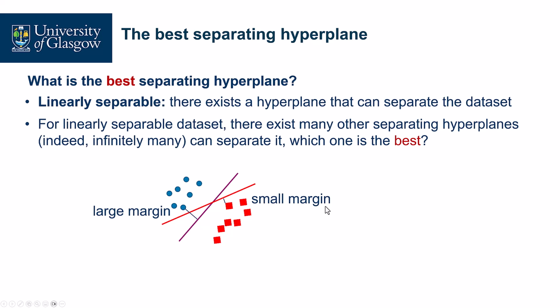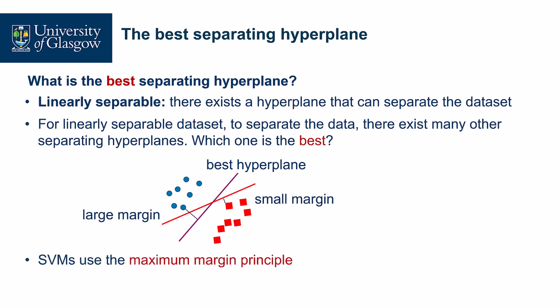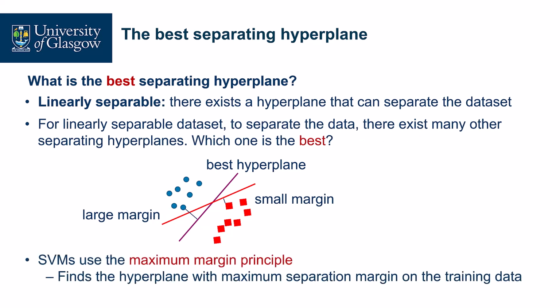A question: do we want the margin to be larger or smaller? We want a larger margin, right? Why? Because with a larger margin, we can have more generalization to the test data.